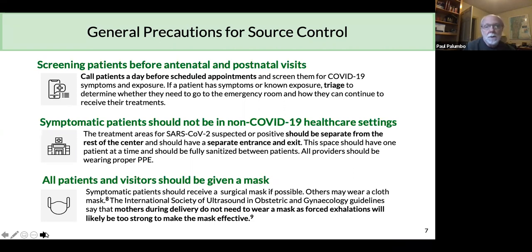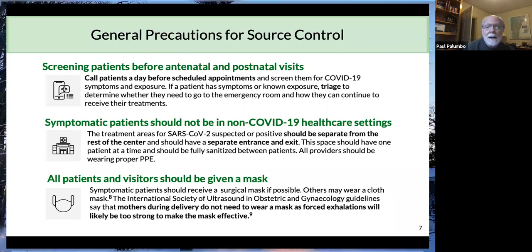Have they been exposed in a known or possible way? And do they have symptoms? If they have symptoms or known exposures, consider triage to determine whether they need to go to the emergency room and how they can continue to receive their treatments. So some upfront screening could be considered and might be helpful in infection control.